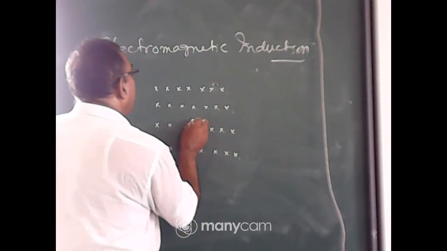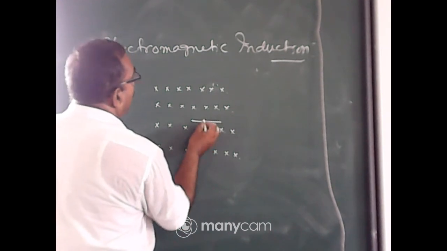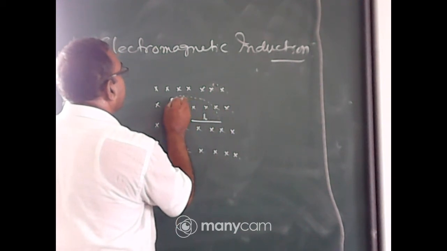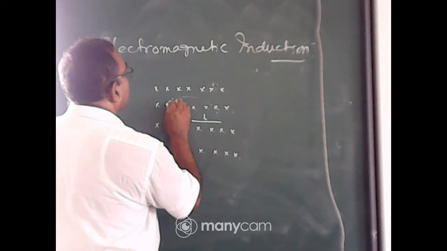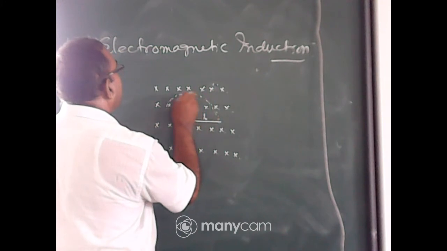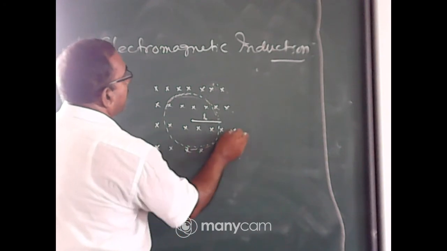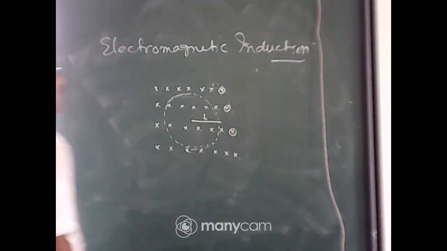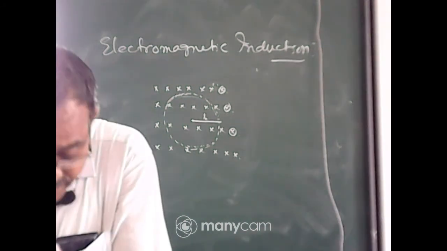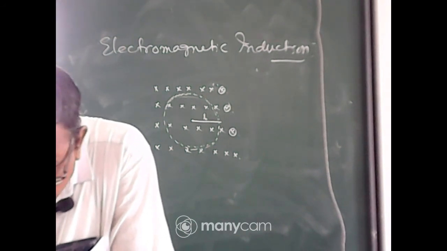Okay, you put a conductor of length L, and it will be rotated with angular velocity omega in a magnetic field. In which direction is the field? The direction of the magnetic field is inward to the board. It will be rotated in a direction with the angular velocity omega.